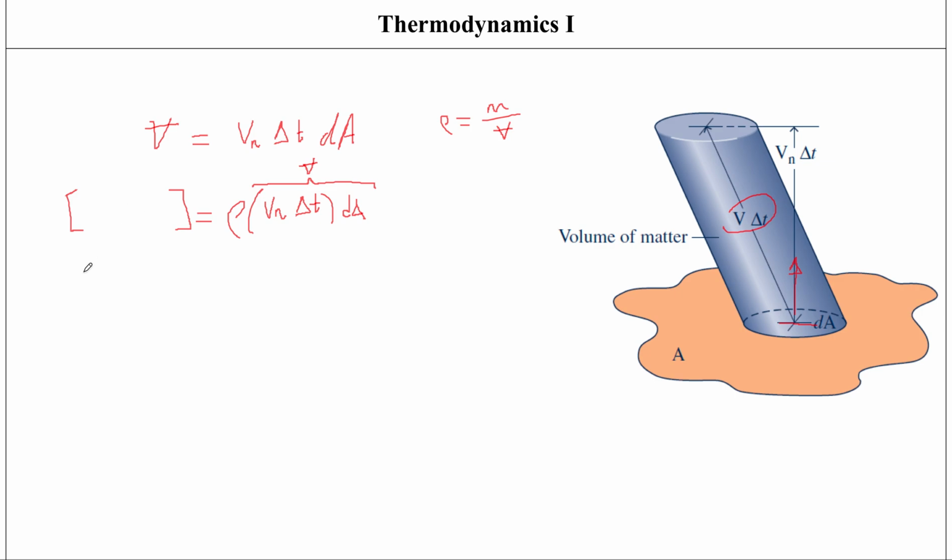And now if I was to divide both sides of this equation by delta t, and then I take the limit as well, so if I apply the limit so that delta t approaches 0, and I divide this entire thing with delta t. So this is the amount of mass over here crossing dA.